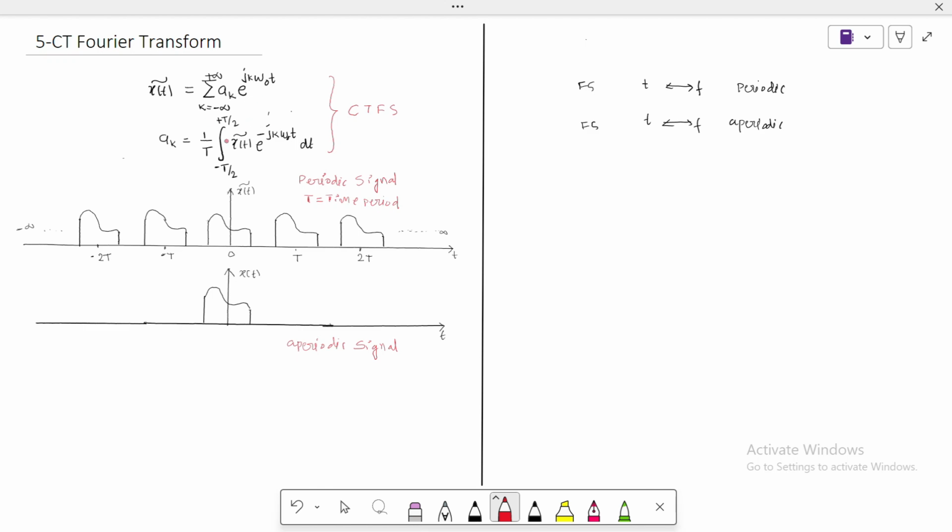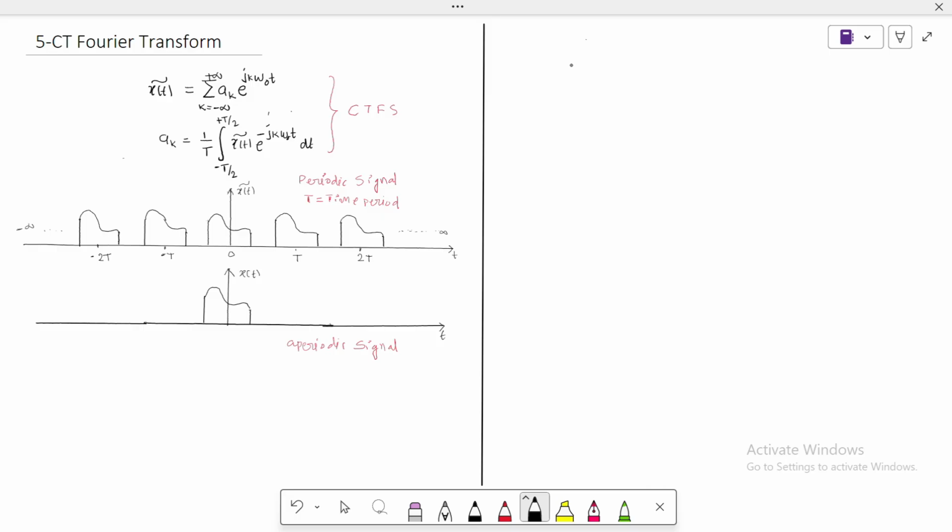We need to modify these equations. It becomes the Fourier transform, continuous time Fourier transform. For that, now we need to derive the continuous time Fourier transform equations.